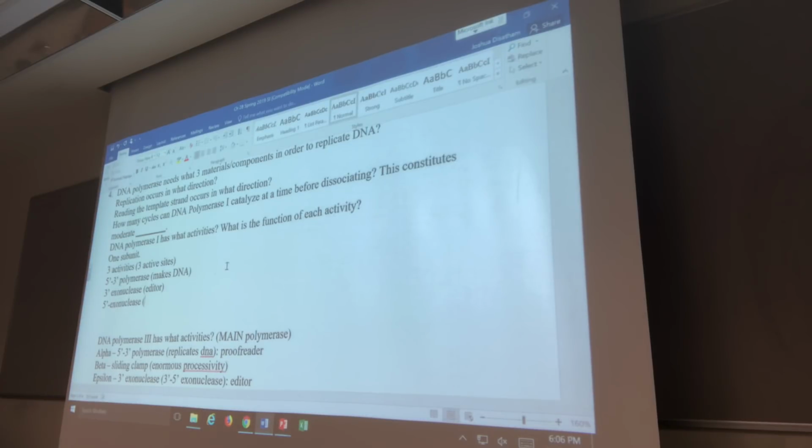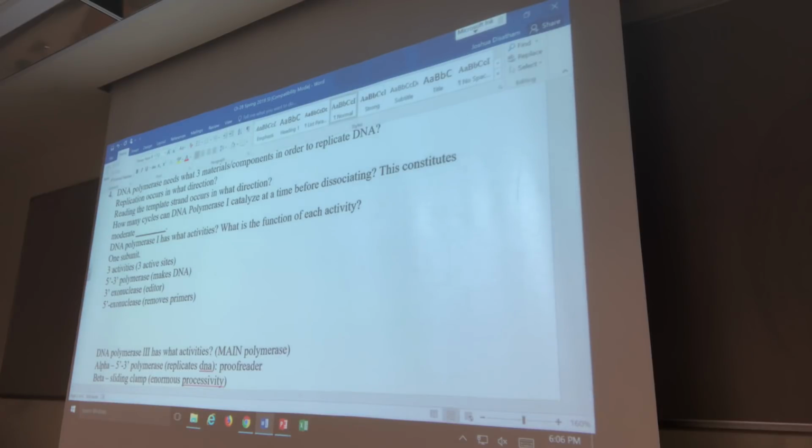This one, more generally speaking, removes chunks of DNA ahead of the enzyme on the site that it is on. Specifically, we learned that 5' exonuclease removes primers so that the rest of the enzyme can replace it with actual DNA. Because primers are made of RNA, we need to remove those and replace them with actual DNA. So that's what 5' exonuclease does, and only DNA polymerase 1 has that ability.